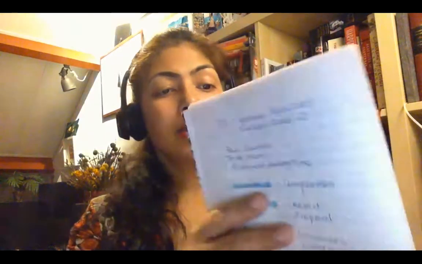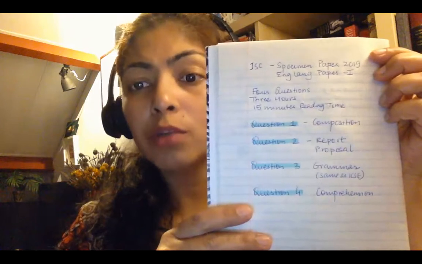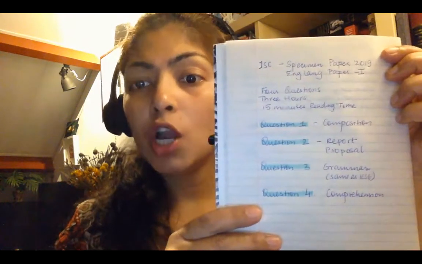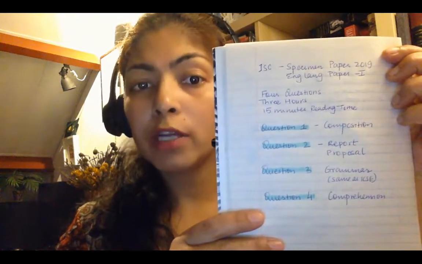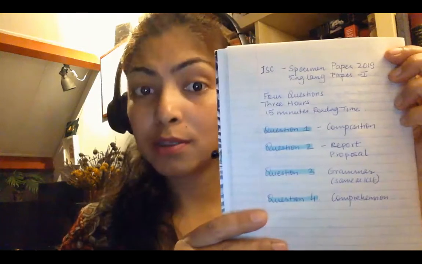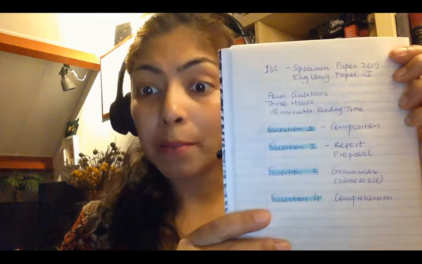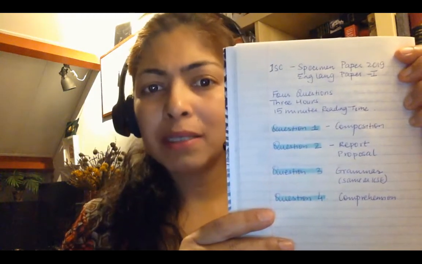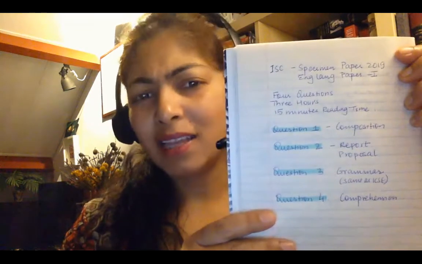All right, now I'll just show you what your paper will look like. Question number 1 is composition. In question number 2, you will be required to write a report and a proposal, so there's no choice there. Question number 3 is based on grammar, and the grammar topics are basically the same as in ISC.